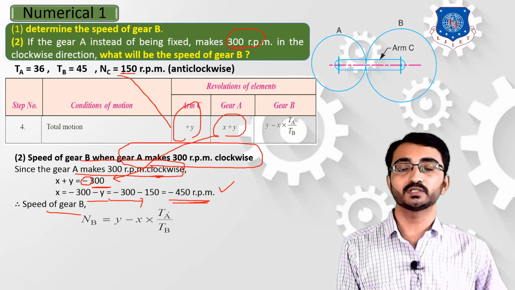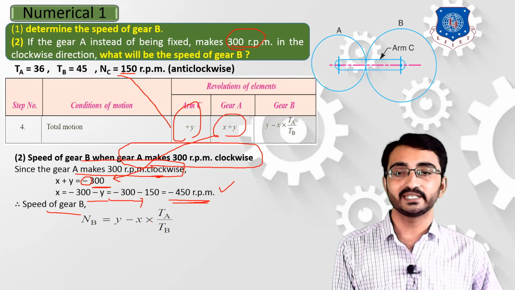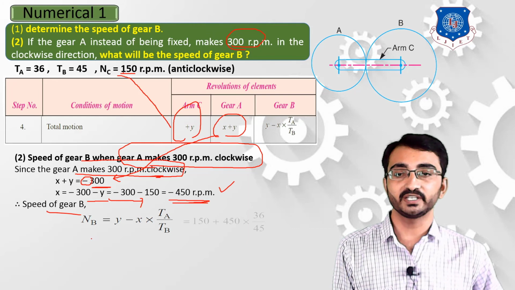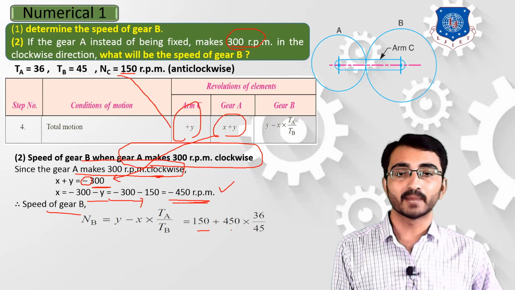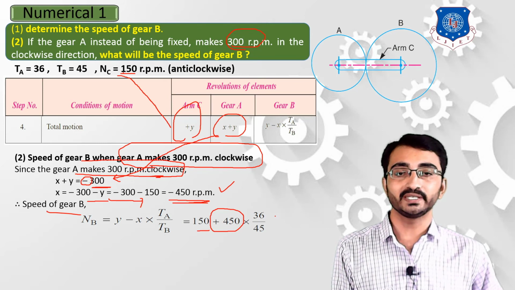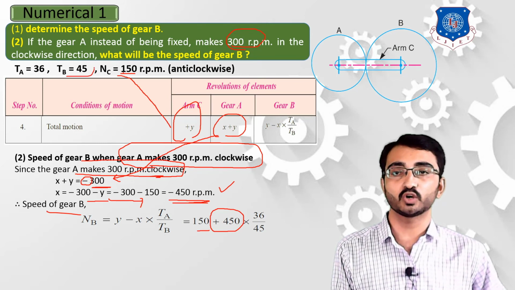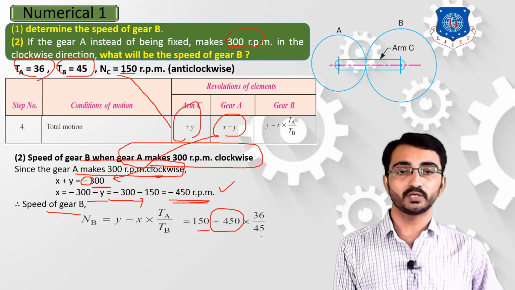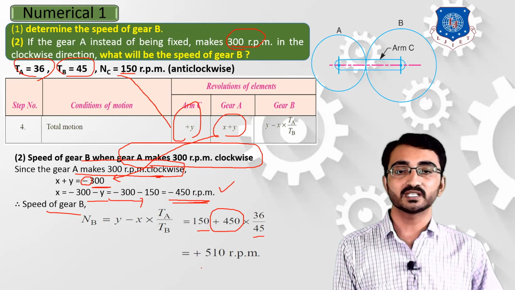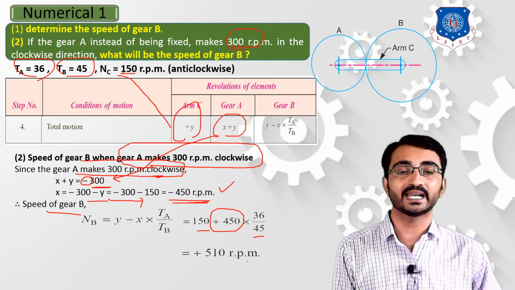So y is equal to plus 150 and x is equal to minus 450, that gives plus 450 into TA, that is 36, over TB, that is 45. By putting these values we get the speed of gear B equal to plus 510 rpm.